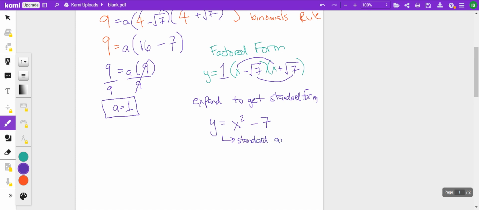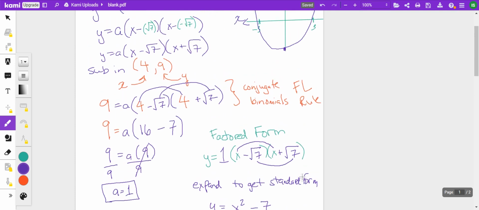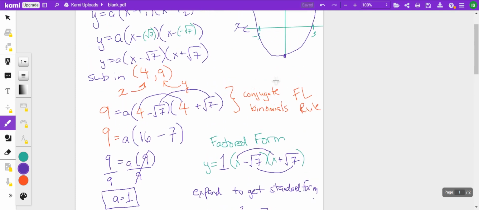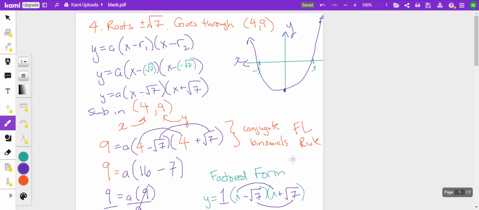It's also vertex form. And that is because there is no h value, right? h equals 0. And if h equals 0, that means the parabola has not shifted horizontally. And that also supports my prediction of the fact that the parabola is symmetrical about the y-axis and that the vertex will be on the y-axis, right?